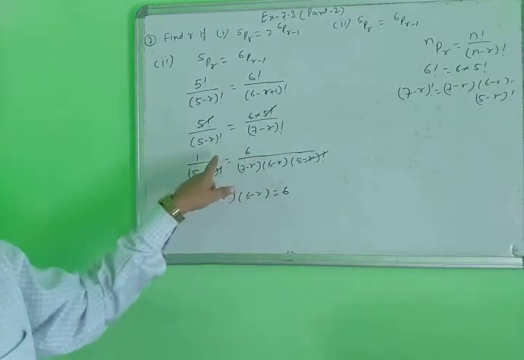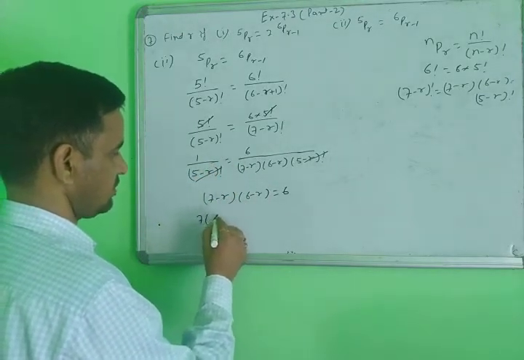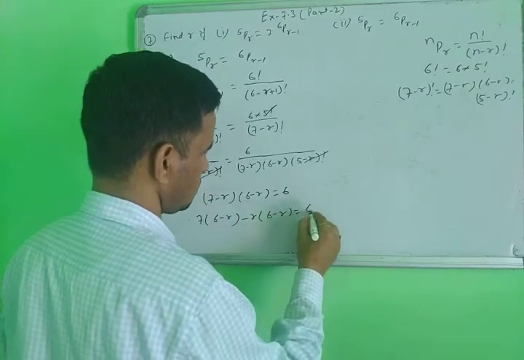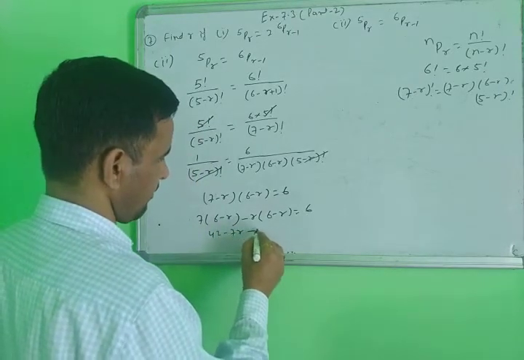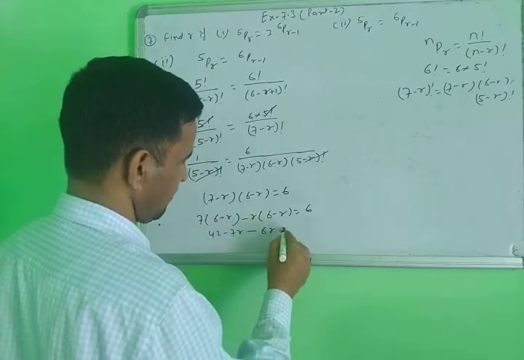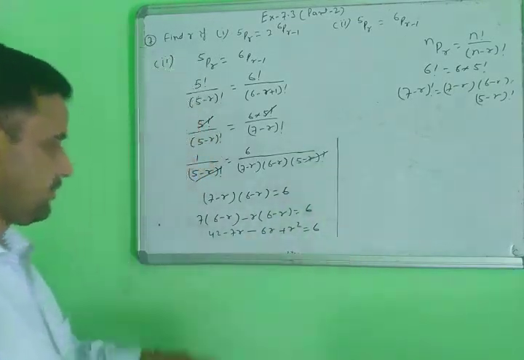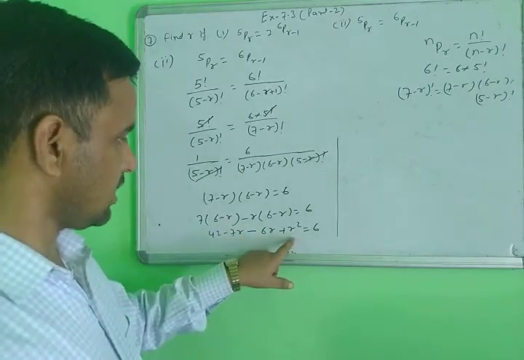So cross multiplication here, then multiplication: 7 minus r, 6 minus r equal to 6. 7 6s are 42 minus 7r minus 6r plus r square equal to 6. Then write in descending order of the power here.